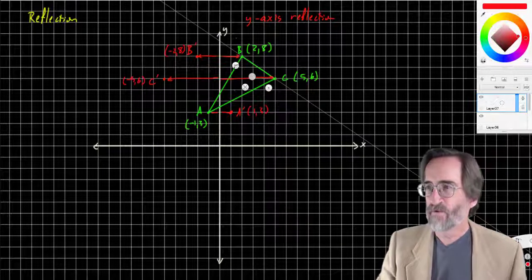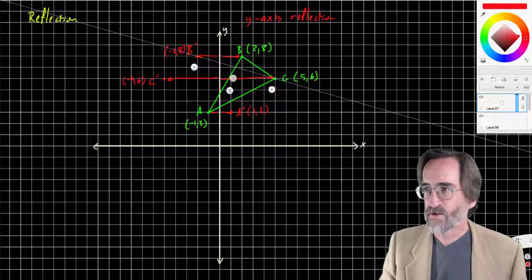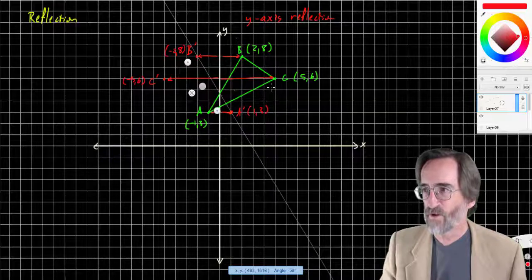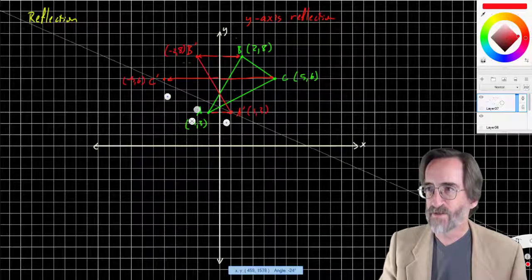Let me finish tracing out the image here, and you can see the reflection quality. It's the same shape, but it has just been flipped over the y-axis.